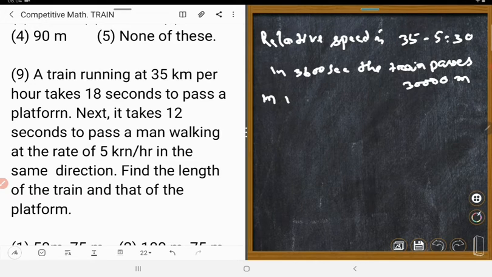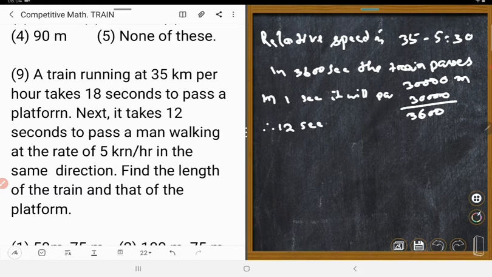In 1 second, it will pass 30,000 upon 3600. Therefore, in 12 seconds, 30,000 upon 3600 into 12.